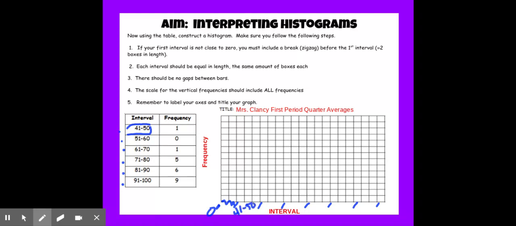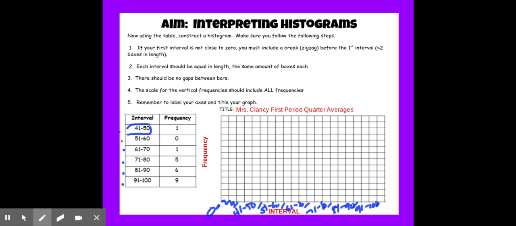Do you notice it's in between the space and not on the line? This one's 51 to 60. This one's 61 to 70. This one's 71 to 80. 81 to 90. And 91 to 100. Now, it's okay to have some left over, but you don't want too much left over. You want to spread it out so you can see a nice big histogram.